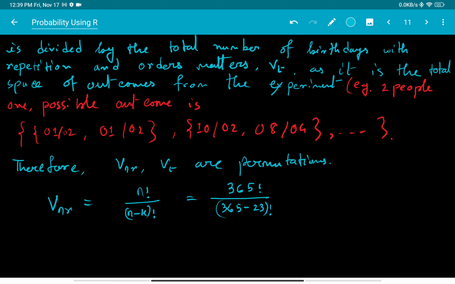And this VT is nothing but n to the power k, that is 365 to the power k, where k equals 23.